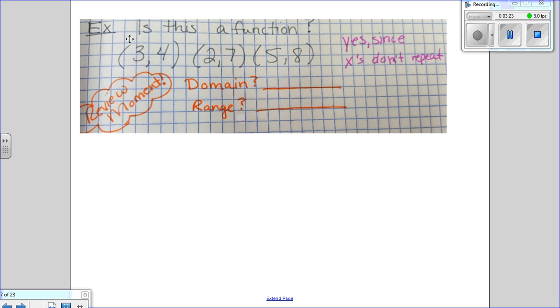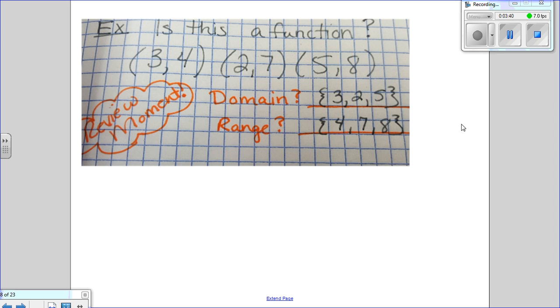So this is an easy one because we're given literally the points. So our domain for this one is just all the x's, which is the first number, 3, 2, and 5. And our range is going to be the second number, 4, 7, and 8. And we write these in list mode, which means we just put them inside little curly braces like this. Okay? Very easy. Algebra 1 material.